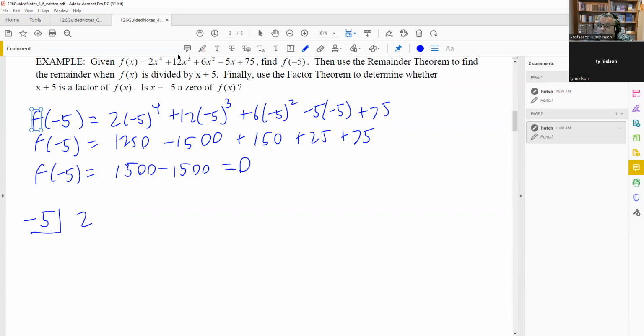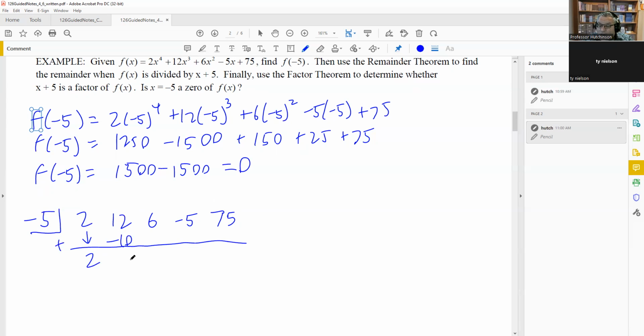I don't need any place keepers. So I have 4, 3, 2, 1, 0, and I have a 2, 12, 6, negative 5, and 75. If I go through all this, I drop down the 2. 2 times negative 5 is negative 10.